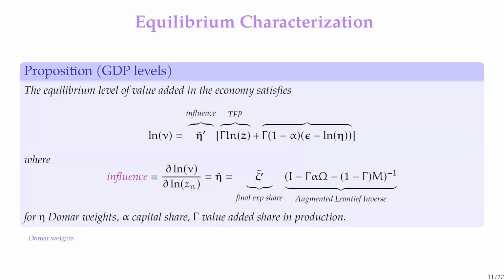But this sectoral influence is the important element to understand. The output elasticity to sectoral TFP will depend on the investment network, on the input-output network, and also on the final expenditure shares. Here the gammas represent the value-added share in gross output, and the alphas represent the capital shares in value-added.